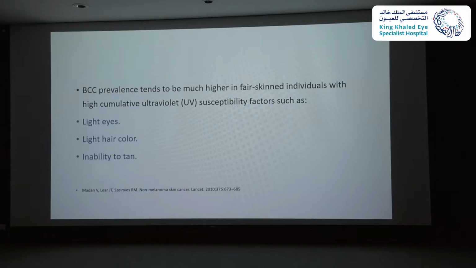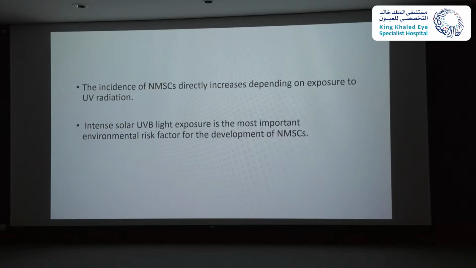The prevalence of basal cell carcinoma tends to be much higher in fair-skinned individuals with high cumulative ultraviolet exposure and susceptibility factors such as light eyes, light hair, and inability to tan. And the incidence increases depending on the exposure to UV radiation.